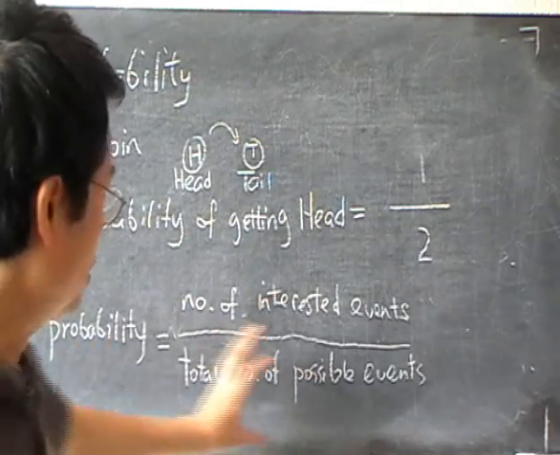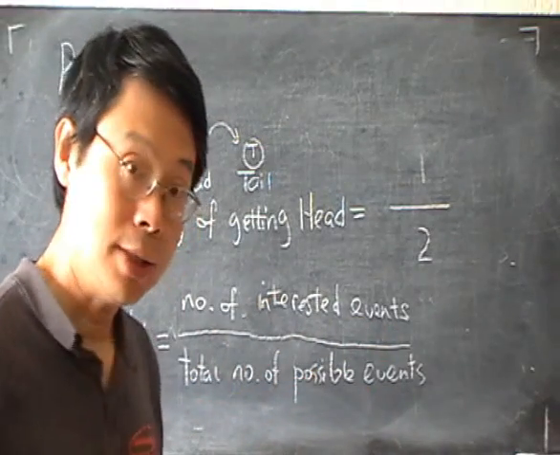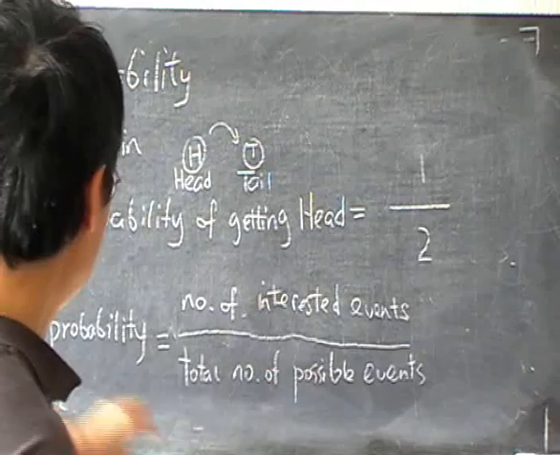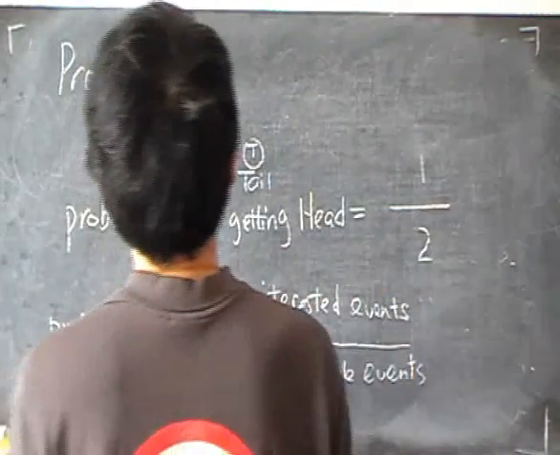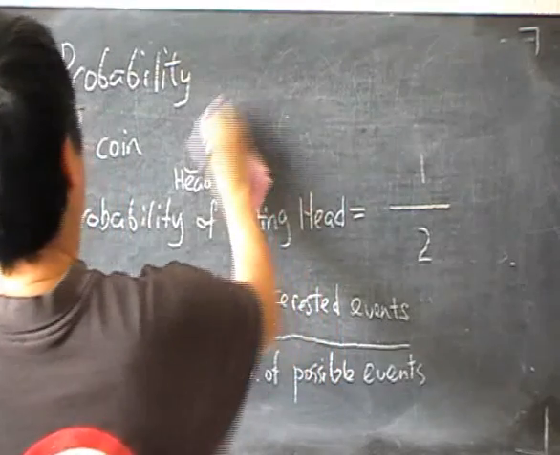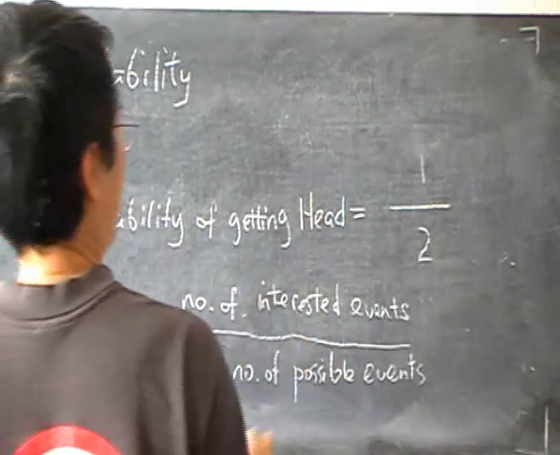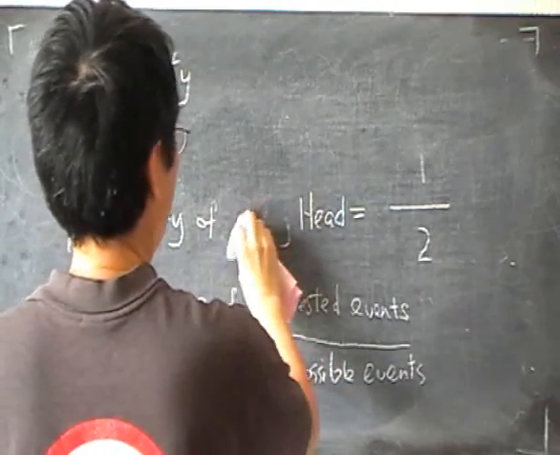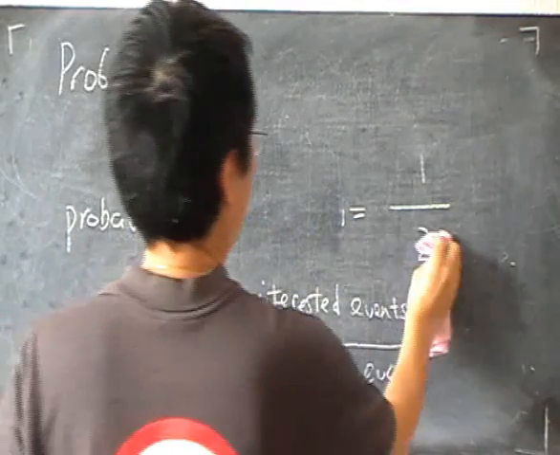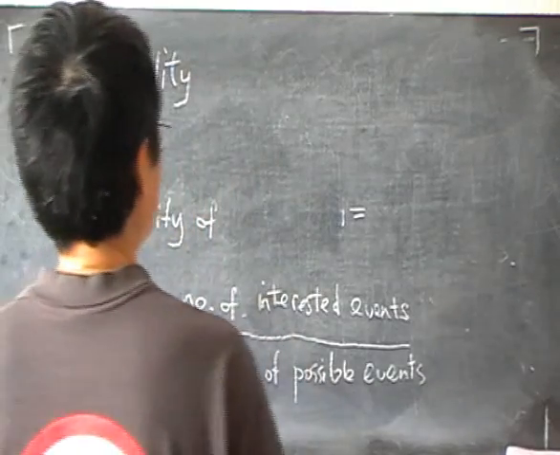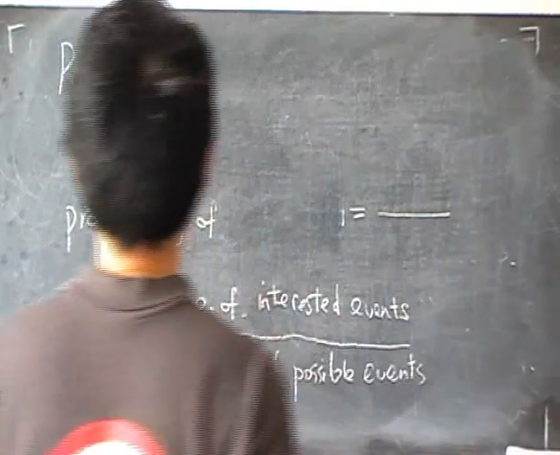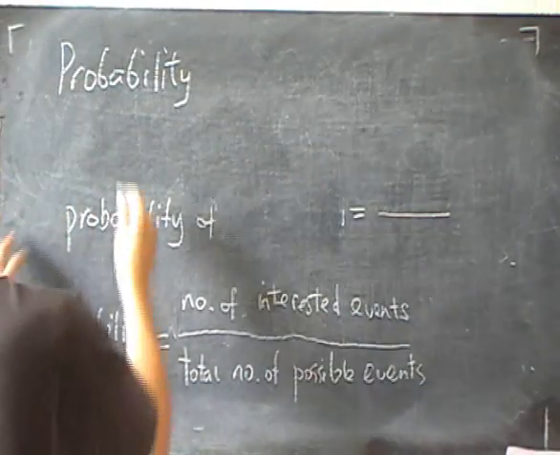So what we have here is a formula. Now let's try to apply this to another example. Let's look at a die.